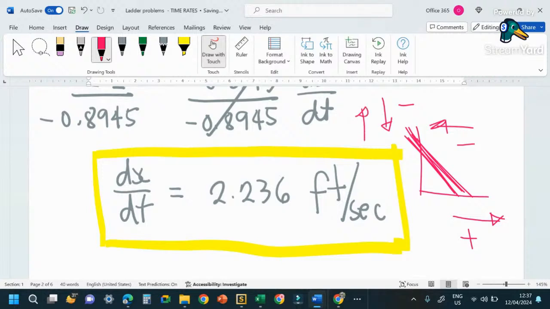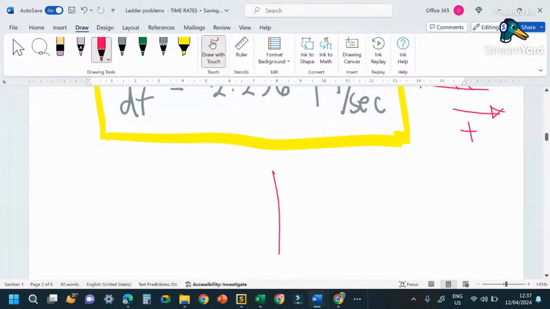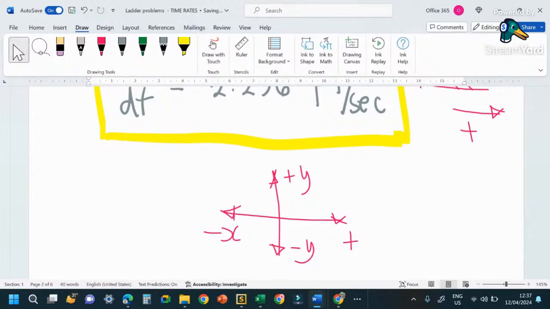When it goes up, it's positive. Where can we get all of these signs? In our Cartesian coordinate system, this is a positive x. Going to the left is a negative x. Going up is our positive y. And going down is our negative y. Okay? So those are the directions.